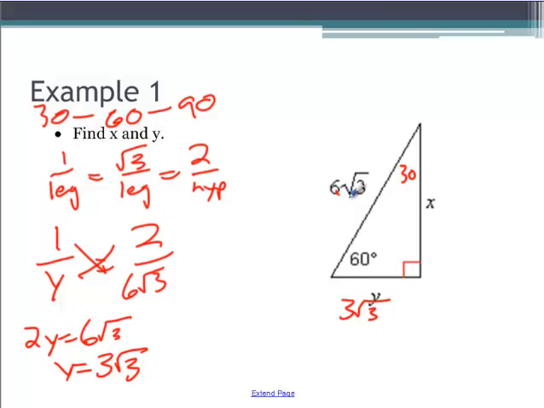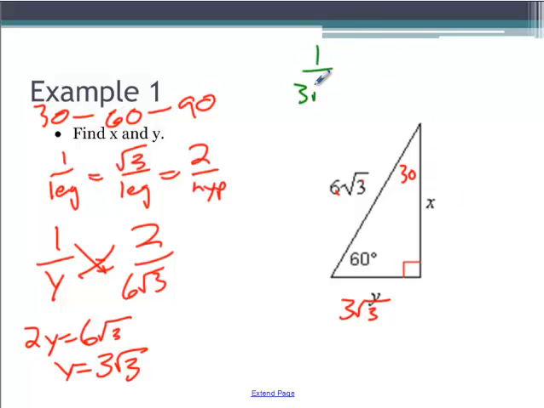Now, I could use either one of these to find x. It doesn't really matter, but notice that I didn't actually have to set up a proportion here. 6 is twice as big as 3. So if you know the hypotenuse, you can divide by 2 to get to this side. Let's go ahead and use y, our 30 degree and our 60 degree to find x.